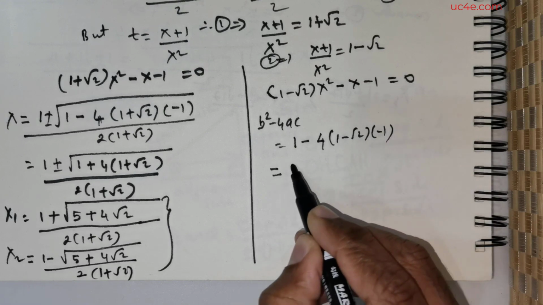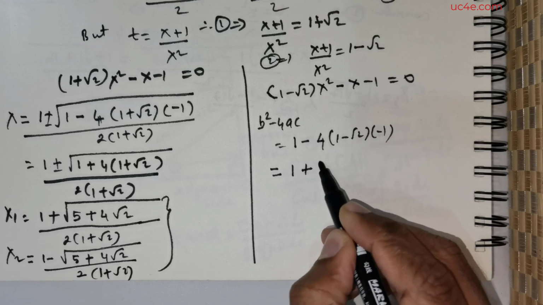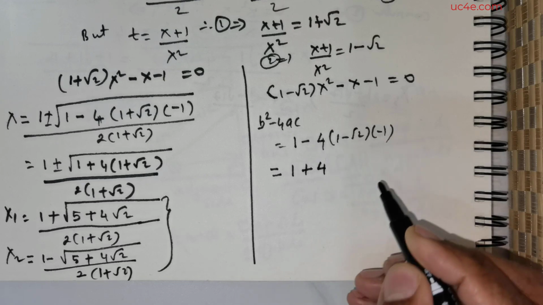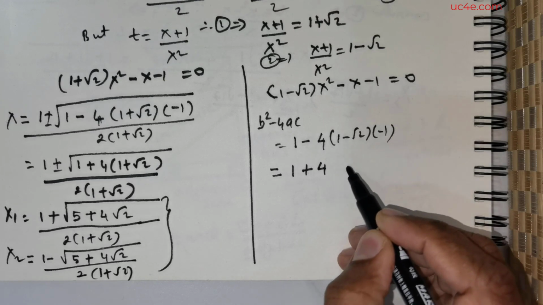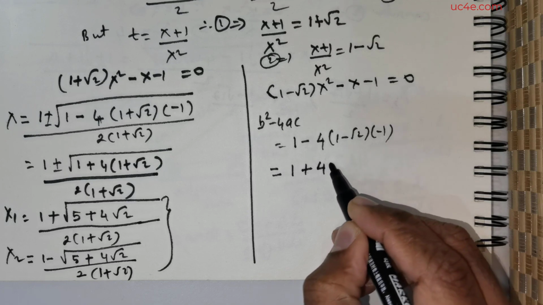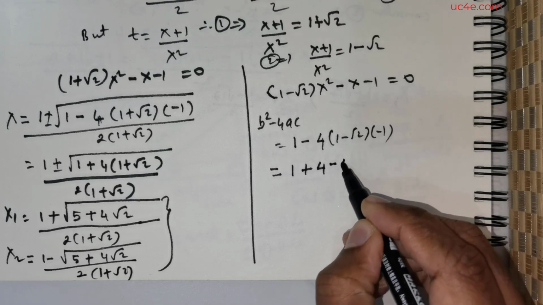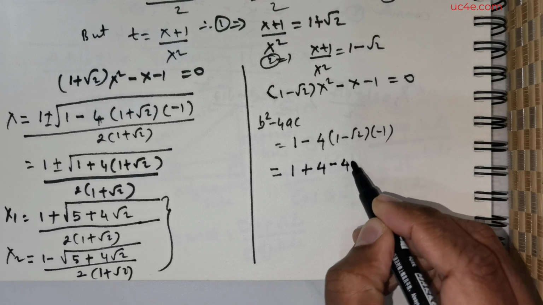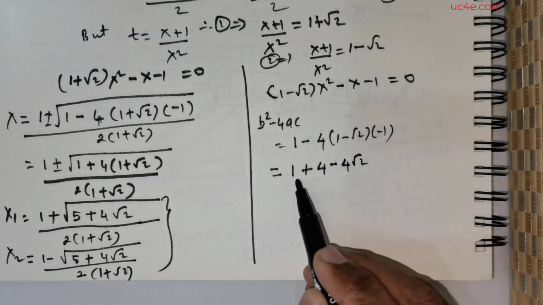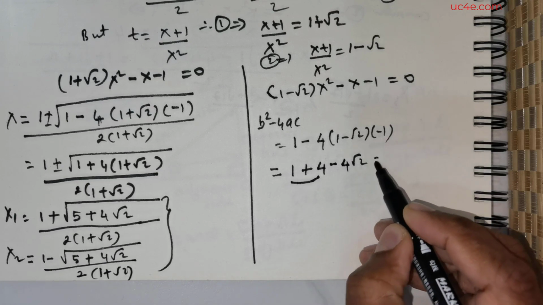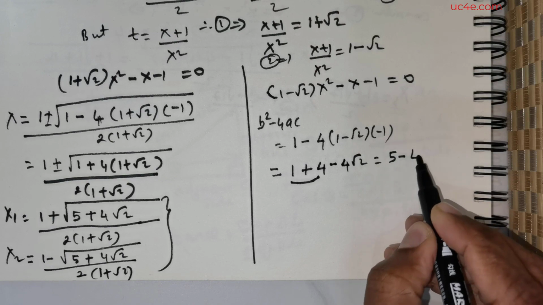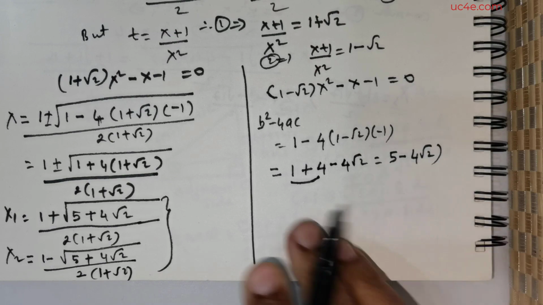Now this is going to be 1 + 4, right? Followed by -4√2. So this is going to be 5 - 4√2.